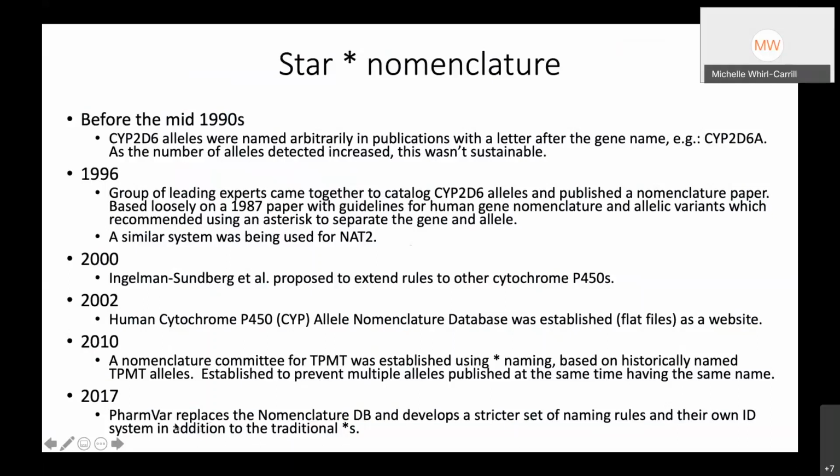And in 2017, PharmVar stepped up to replace the original cytochrome P450 allele nomenclature database. And they really took this job seriously and started developing a really strict set of rules for how the star alleles get assigned and so forth.